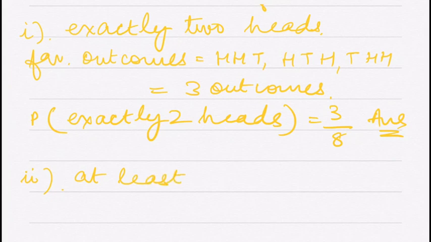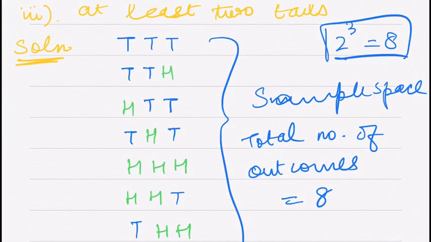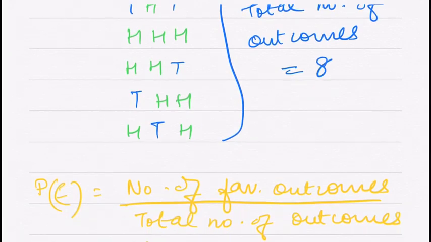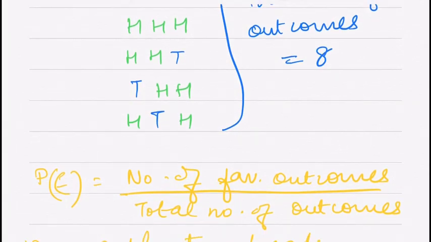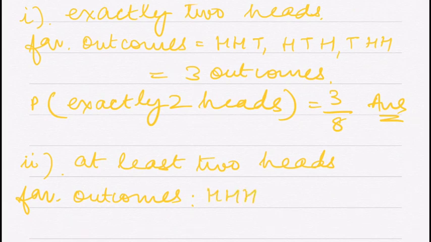The second part says at least 2 heads. At least 2 heads means it can have more than 2 heads, right? So this doesn't have any head, this no. It can have 3 heads also.